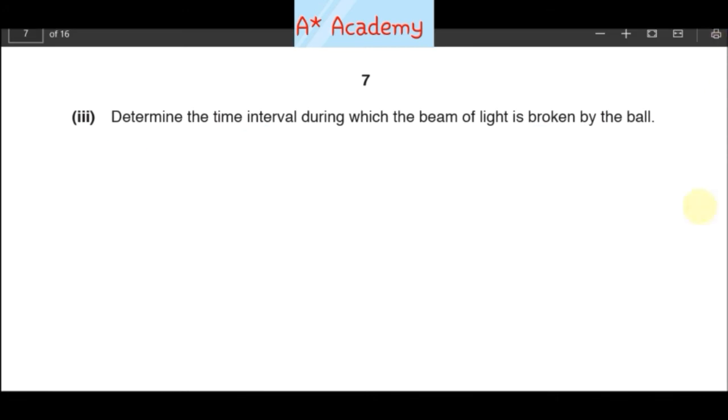Right, we are on to item 3. Determine the time interval during which the beam of light is broken by the ball.